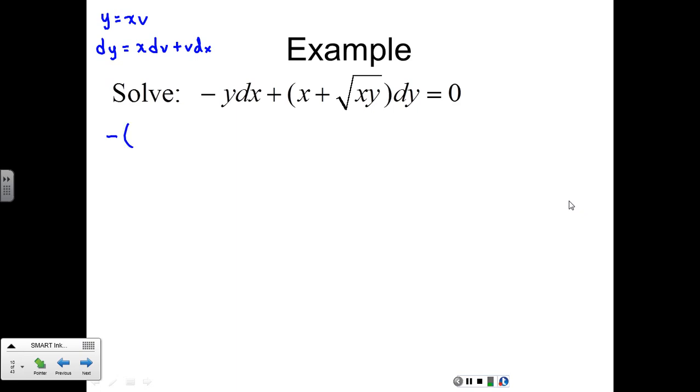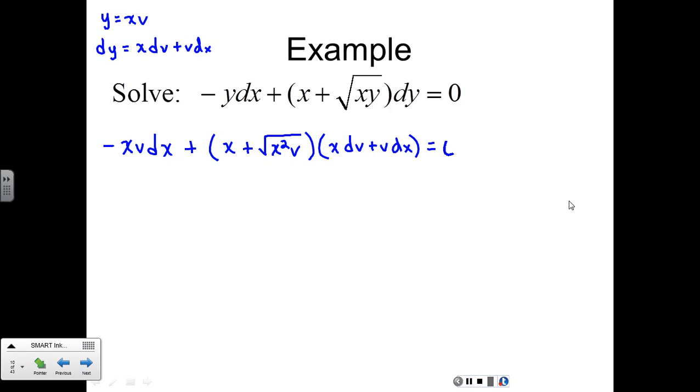Minus xv dx plus x plus the square root of x times y, that's x times v, so x squared v, times dy, which is x dv plus v dx, equals 0.